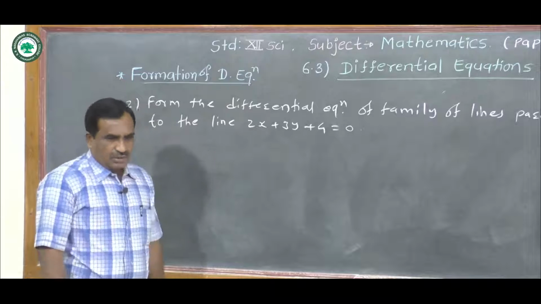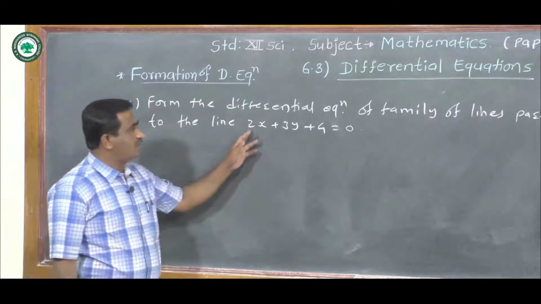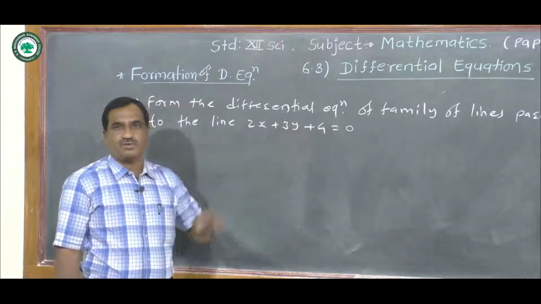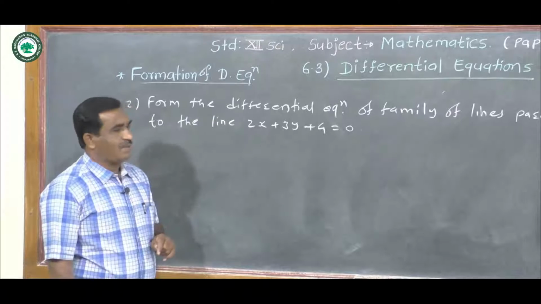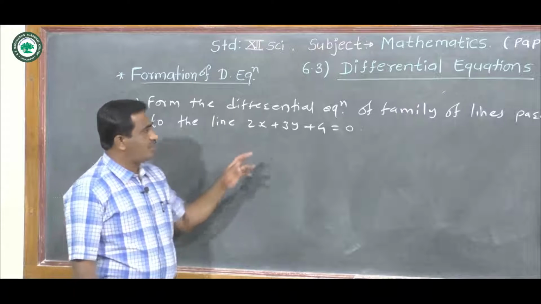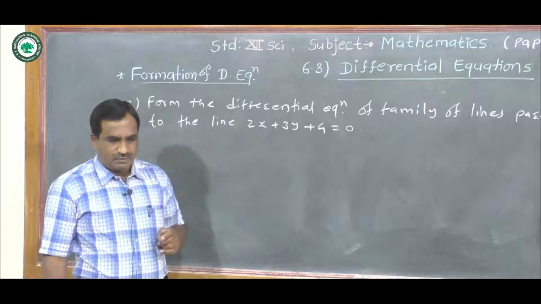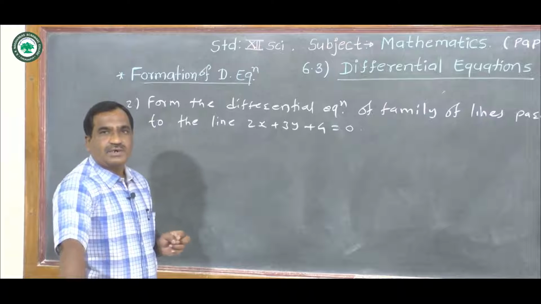Okay. Now this is a very simple example. Now we are given the equation of line 2x + 3y + 4 = 0, and we have to find the differential equation of the family of lines. Now we know that if the lines are parallel to each other, the difference between these two lines is only in the constant term.